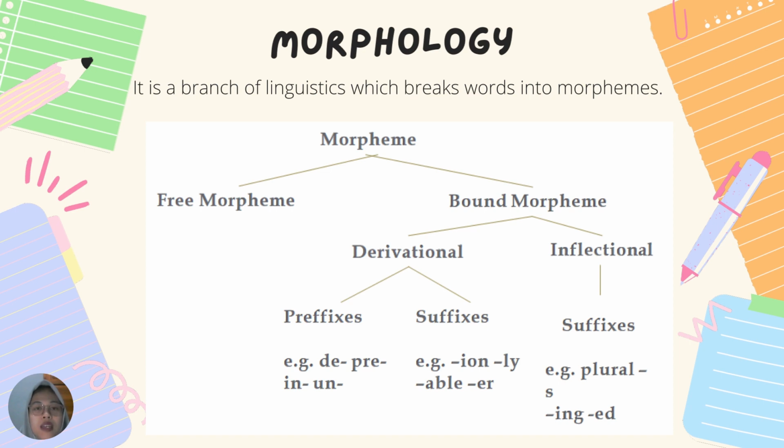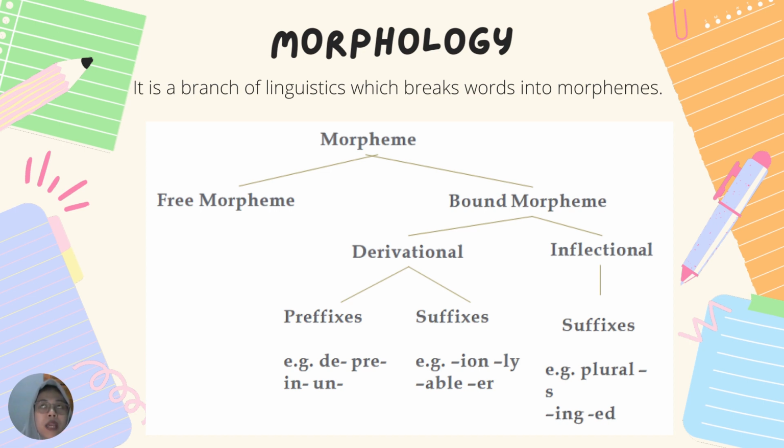A free morpheme is a word that has a complete meaning, so it can stand alone. A bound morpheme is a word that cannot stand alone because it has an incomplete meaning and should connect into another morpheme.